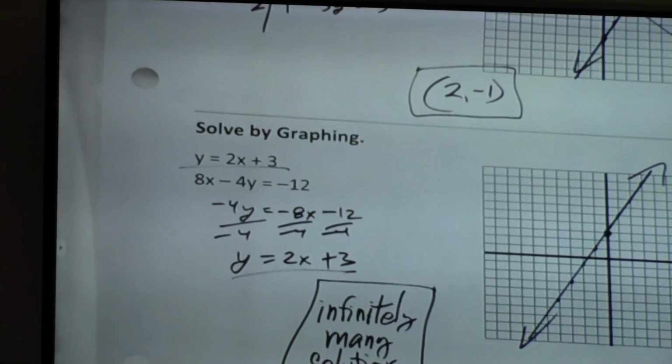So sometimes you have no solution, such as a parallel line, and sometimes any possible x and y value will be a solution if it's true for one line and it's true for the other. So you'd say infinitely many solutions for that one.